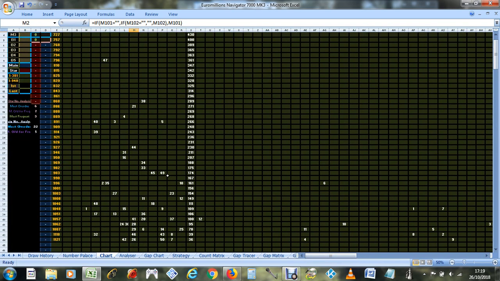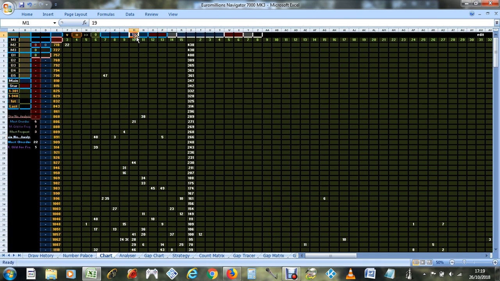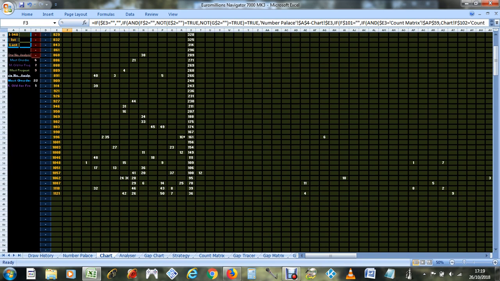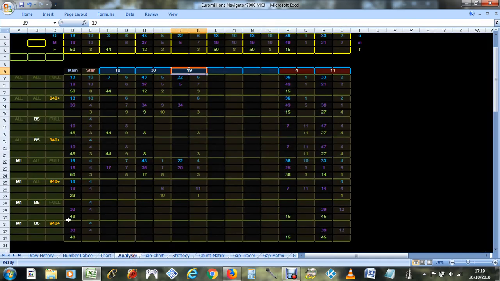Now it turns out that main number 5 is most overdue for its frequency with number 19. You can see 22 is most overdue, and these are the numbers that are most frequent. I noticed number 10 is one of the most frequent numbers. When we did the analysis for set of balls 5, number 10 is most overdue for its frequency.